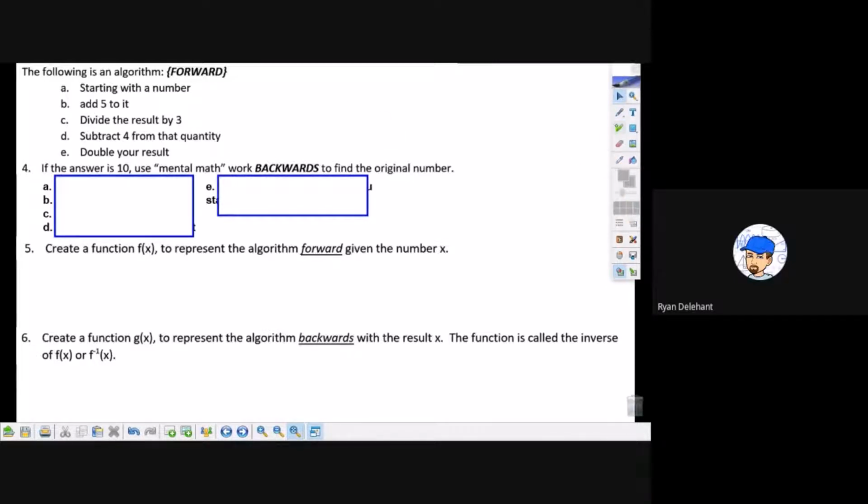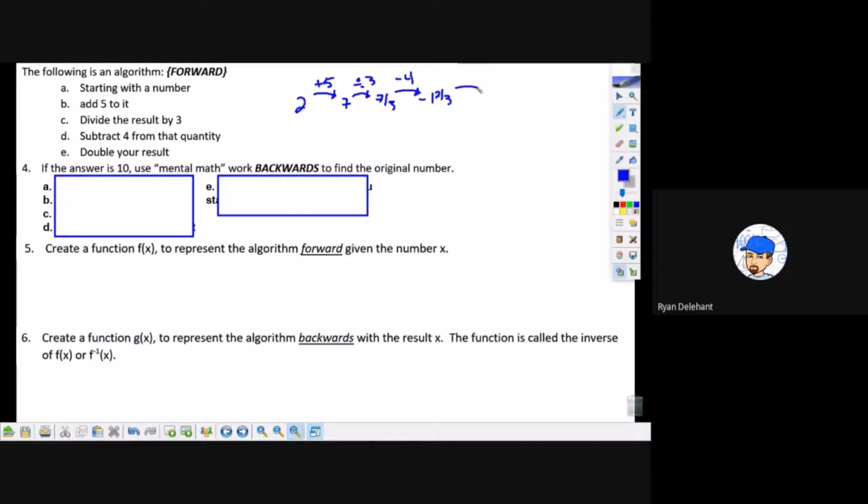If I did this, let's say I started with 2. The next step would be 2 turned into, I added 5, and I got 7. Then I divided it by 3, which is going to get yucky now, and I got 7/3. And I subtracted 4. 7/3 minus 4 is negative 1 2/3.